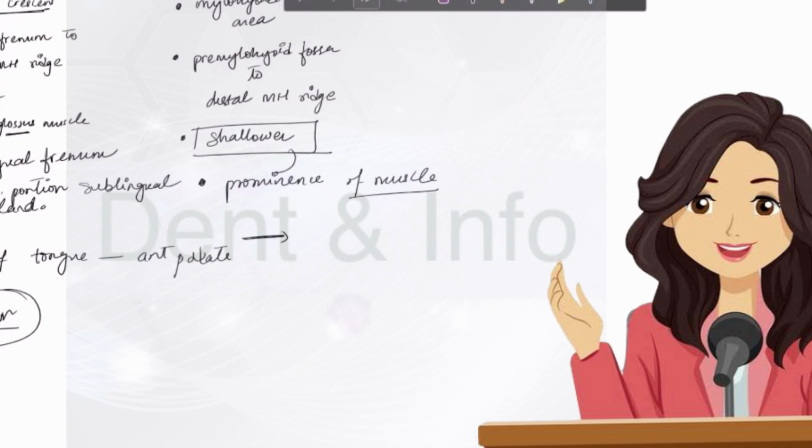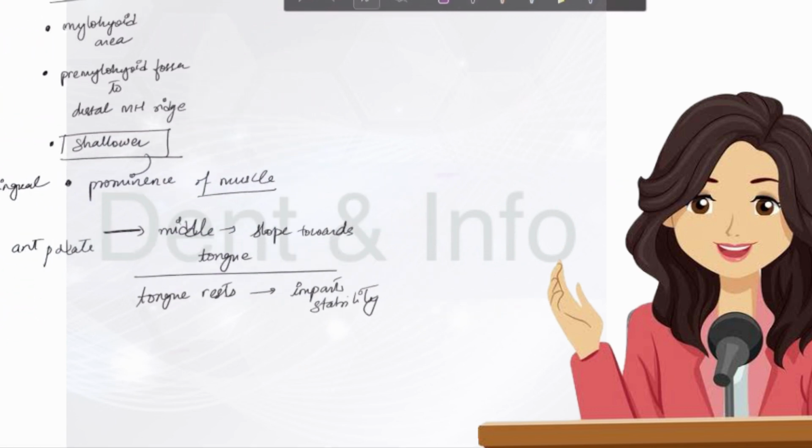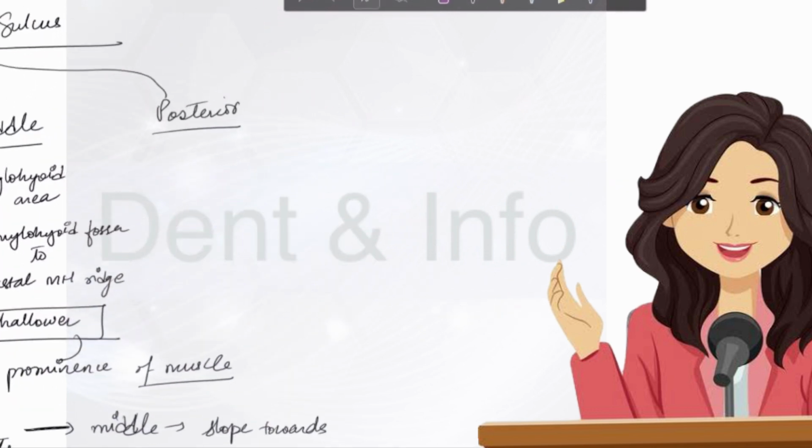So the middle area of the lingual flange is made to slope towards the tongue, and the tongue rests on it, and this imparts stability to your denture, right? So that is how the second, or middle part, of your alveolingual sulcus is.